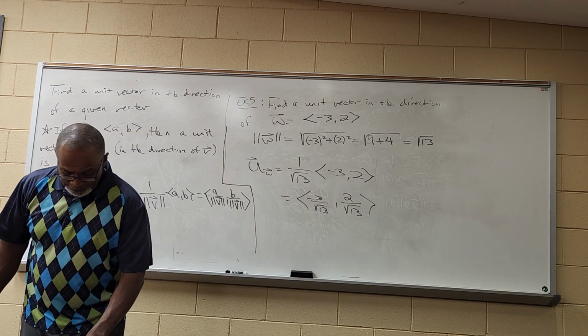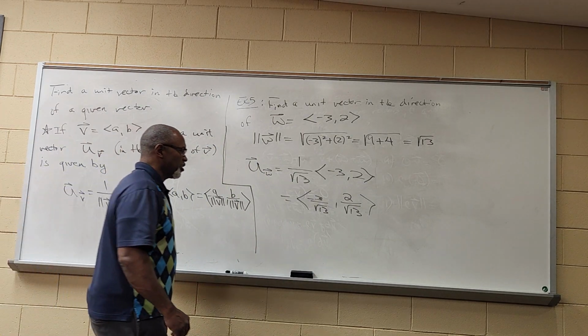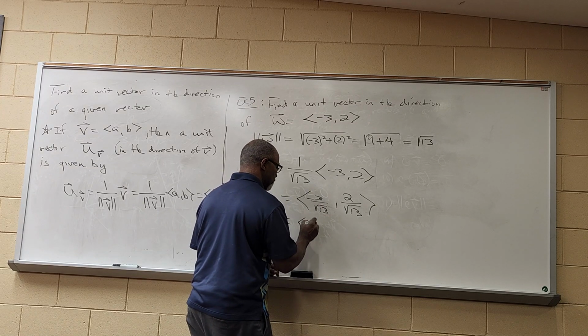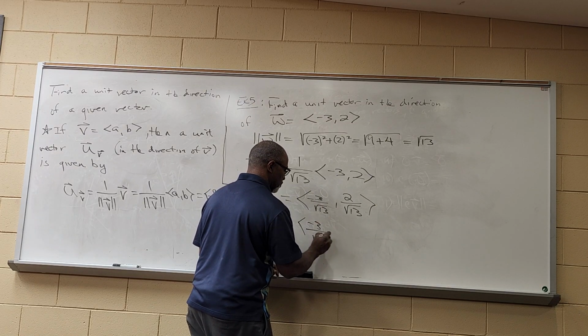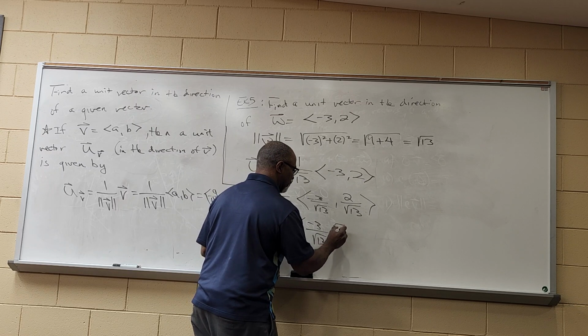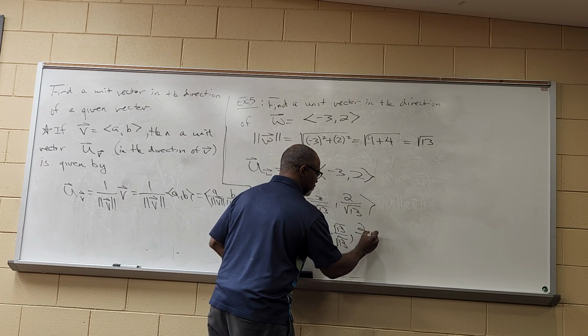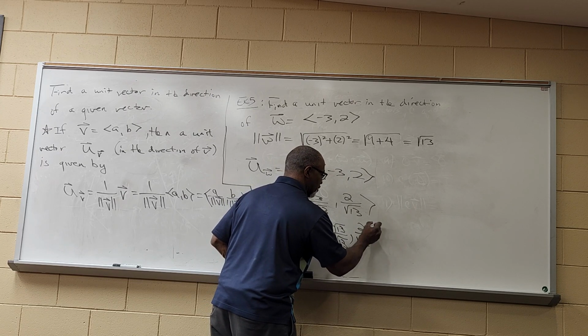If you wanted to, you could rationalize this. Remember how we rationalize? We multiply both of these by the square root of 13 over itself. Do the same thing with 2 over square root of 13.